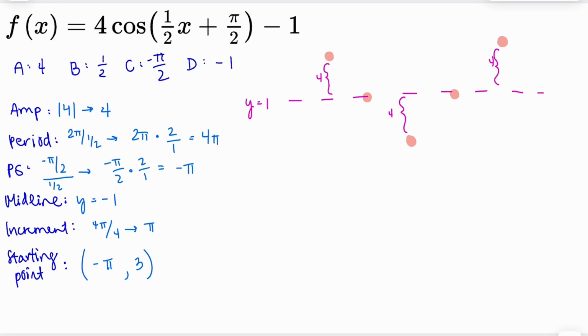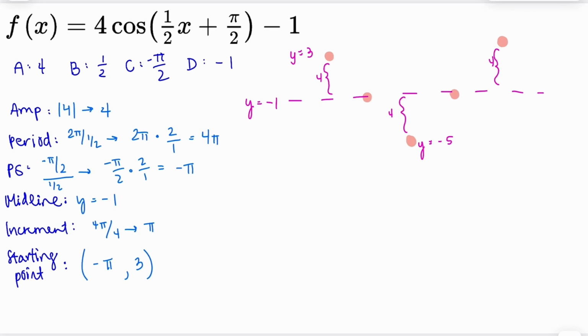If I'm at negative 1 and I go up 4, that's going to be 3. If I'm at negative 1 and I go down 4, that's going to be negative 5. And that's my vertical transformations. I've taken into account my vertical stretch and my vertical shift using my amplitude and midline.